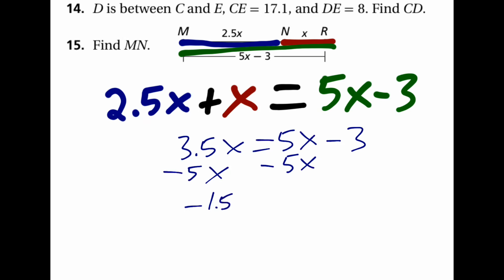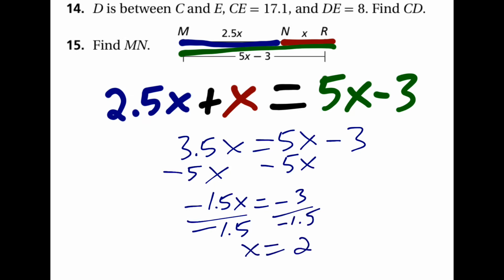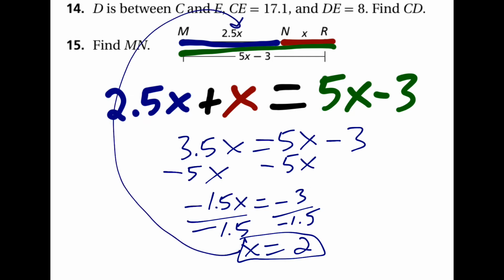Negative 1.5x is equal to negative 3. If I divide both sides by negative 1.5, I get x is equal to 2, which is not my final answer, because I have to plug this into 2.5x. So 2.5 times 2 is equal to MN. MN is equal to 5.